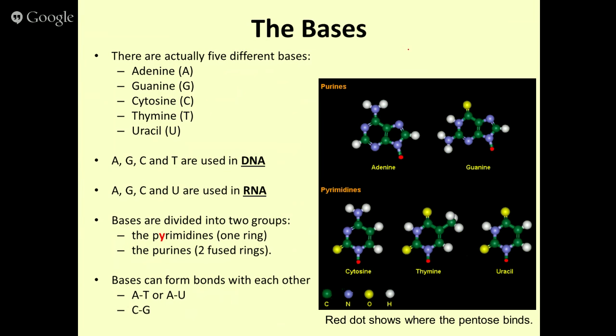Now, the nucleotides could have different bases, like I said, and remember that in DNA, you're going to have A, T, G, and C, and then you only get this last one, uracil, when you're looking at RNA. So a big difference between DNA and RNA is that DNA has the bases A, G, C, and T, and RNA has the bases A, G, C, and U. So you never find T, thymine, in RNA.